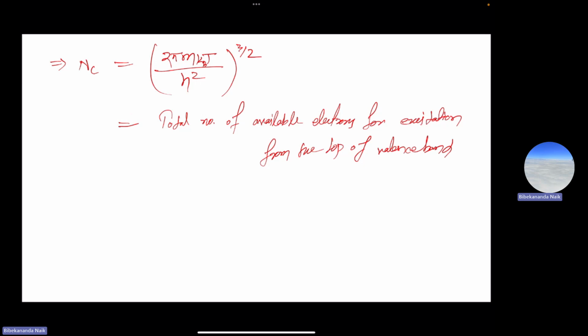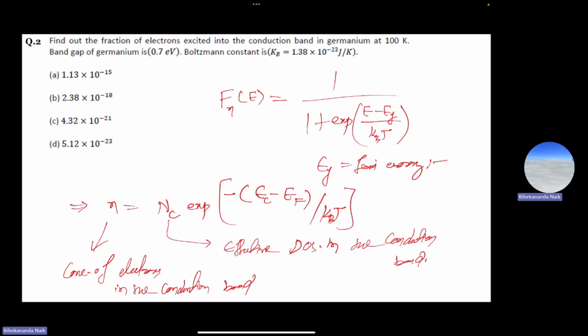So you see, this is the total number of electrons that are available for excitation, and this is the number of electrons that is present in the conduction band.